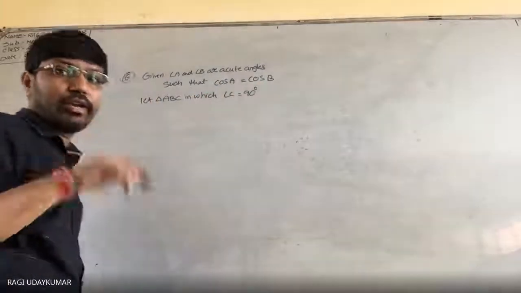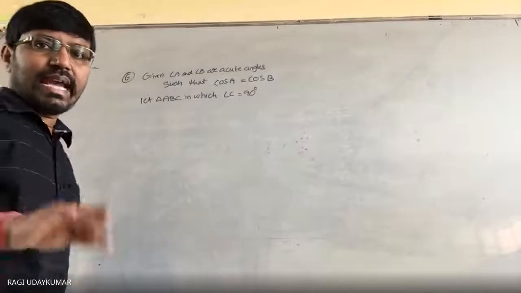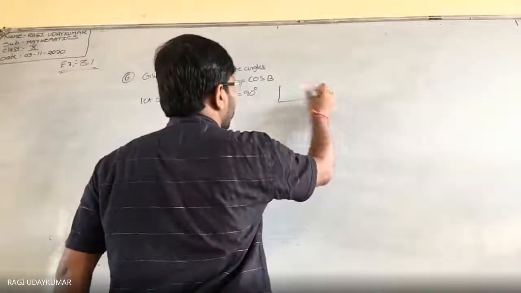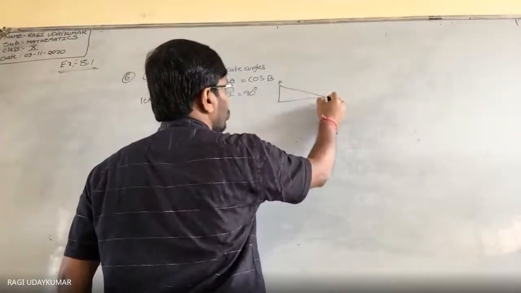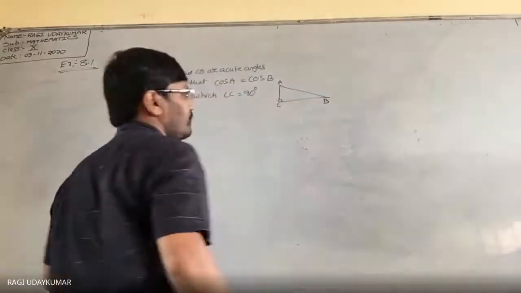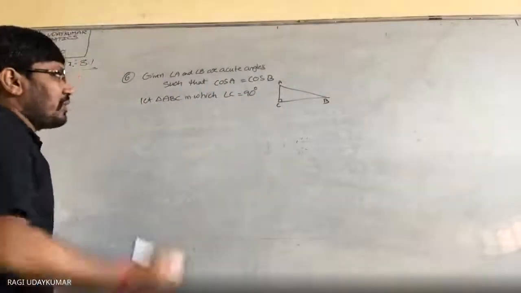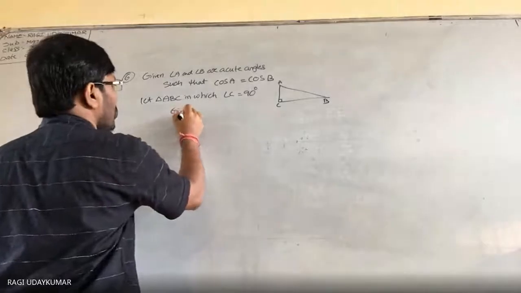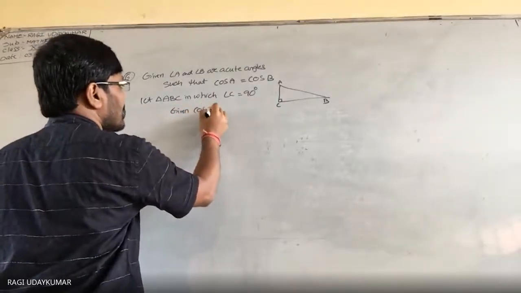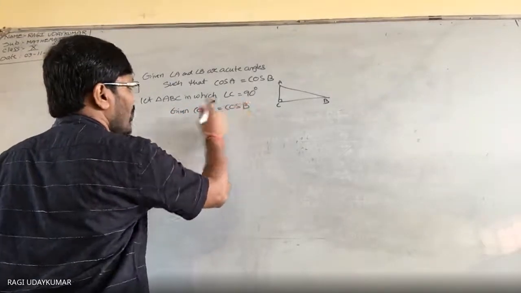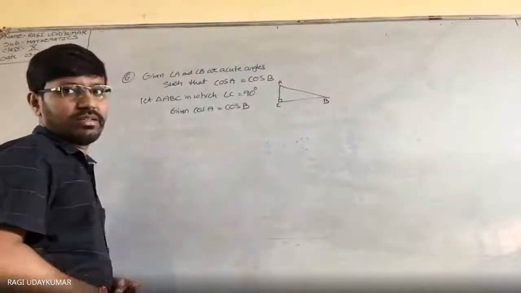Since A and B are acute angles, you take angle C as 90 degrees. Okay? So here, given cos A is equal to cos B.